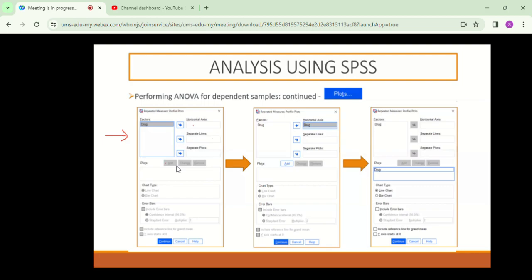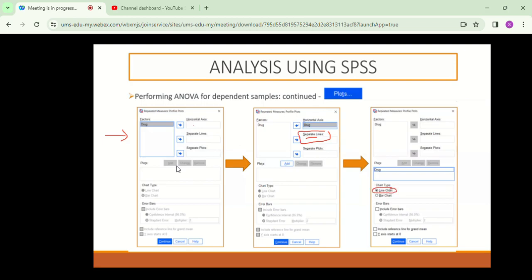Because this is a one-way dependent sample ANOVA, I don't have to put anything on separate lines. If I have two categorical variables, then I can use separate lines. So drugs, and then I will ask for a line chart instead of a bar chart.